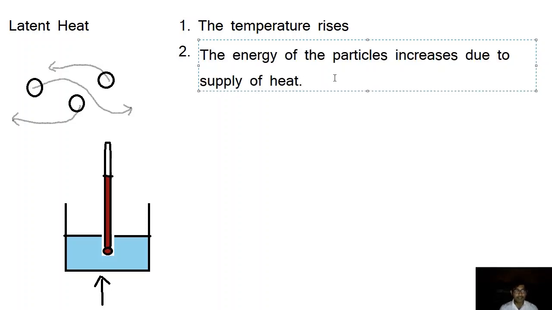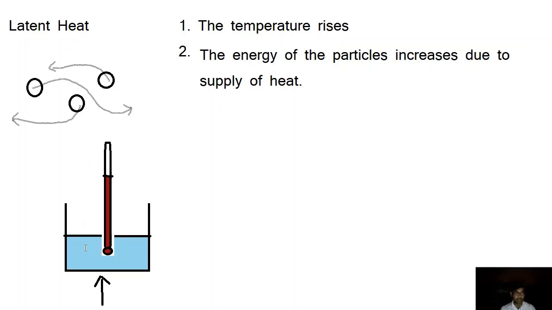Now we have seen that if we go on supplying heat, there comes a time when all the particles inside this liquid start getting converted into the gaseous state. That is, they break away from the bonds of attraction between themselves and the other particles of the liquid, and they can now escape from the volume of the liquid, that is, they have changed into the gaseous state.